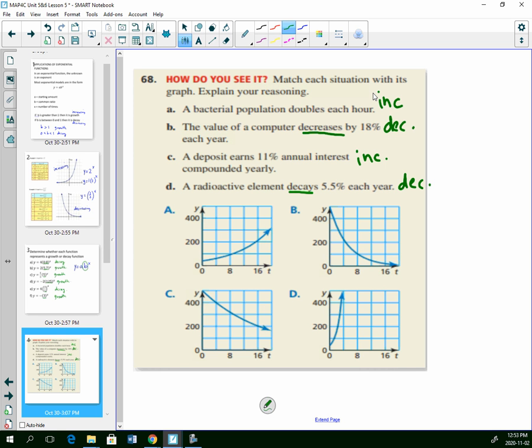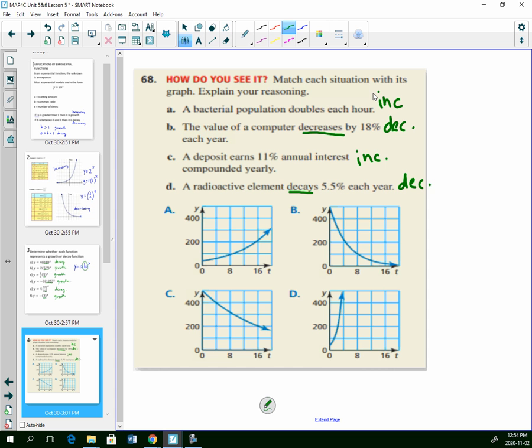So C has an interest rate of 11%, and A is a population that doubles every hour. Okay, so I have to look at which one would be steeper.